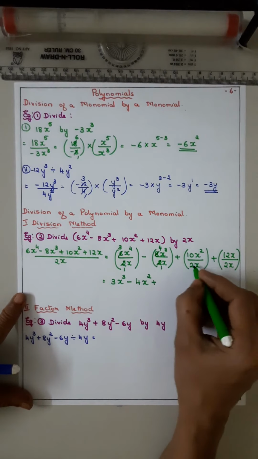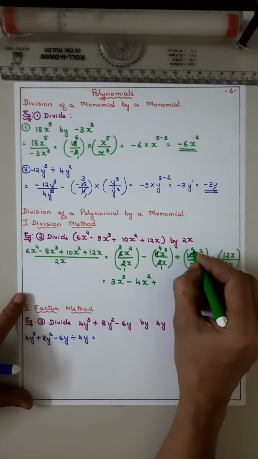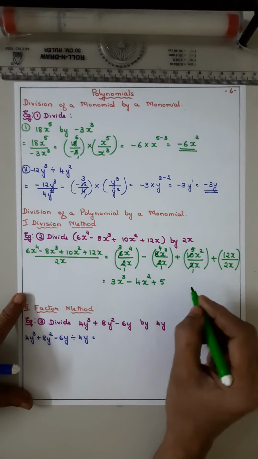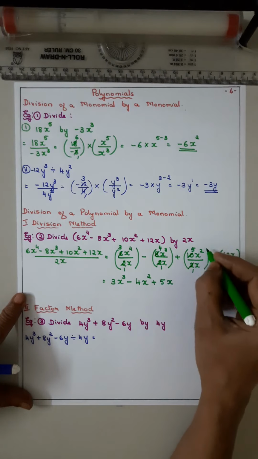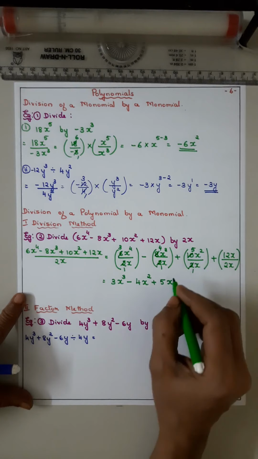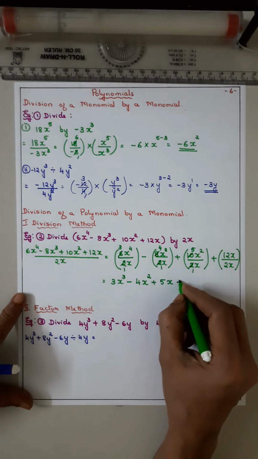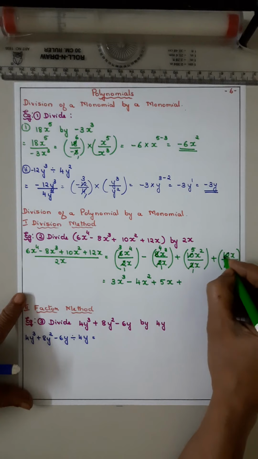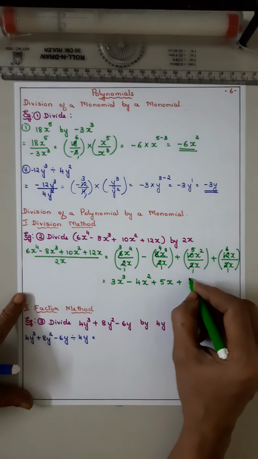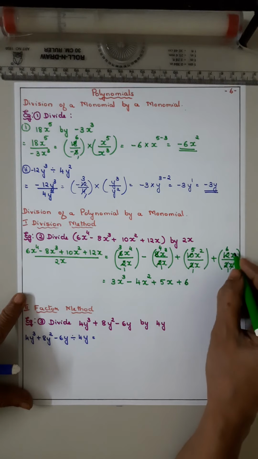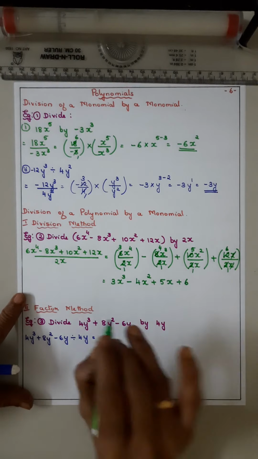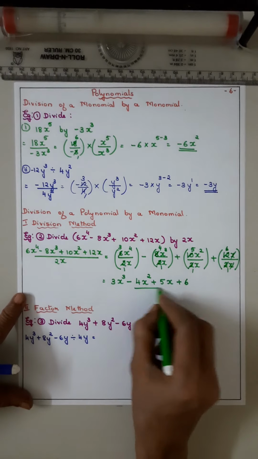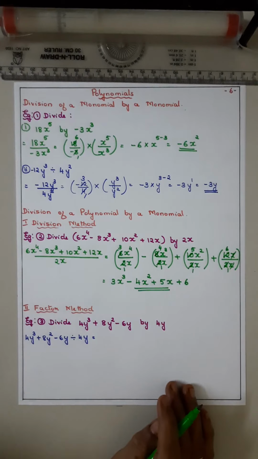The sign is plus: 2 fives are 10, write 5, x to the power 2 minus 1 is 1, so no need of writing. Plus 2 sixes are 12, write 6, and x and x also get cancelled. So the answer is 3x cube minus 4x squared plus 5x plus 6.